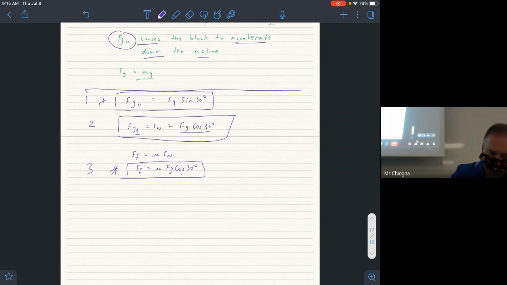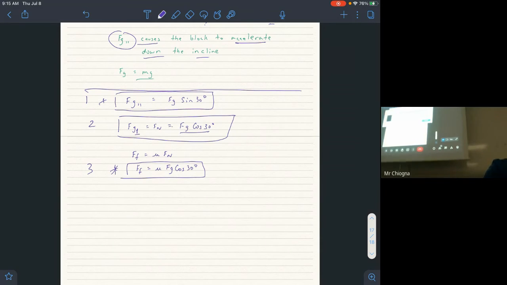So this is like a perpendicular force. And the perpendicular force is the same as the normal force. So force normal is 7.